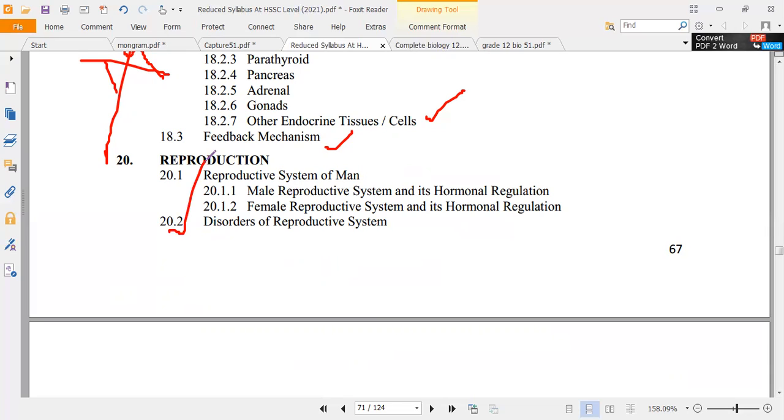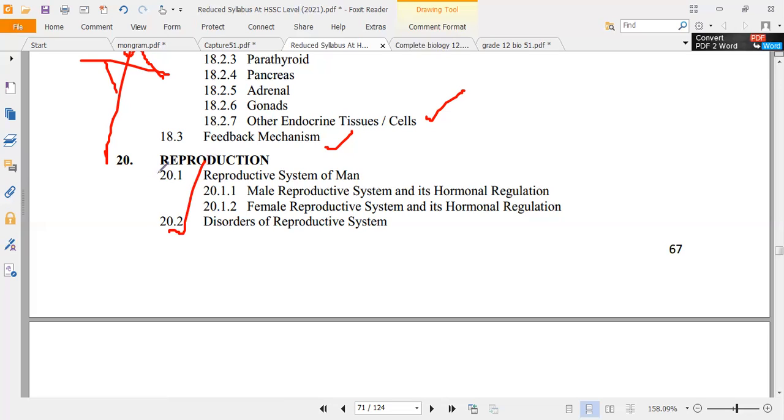Okay, so here is one thing: after studying this, there is the topic of disorders of the reproductive system. In that, there are lots of subtopics: causes of male infertility, female infertility, treatment of infertility, in vitro fertilization, miscarriages.